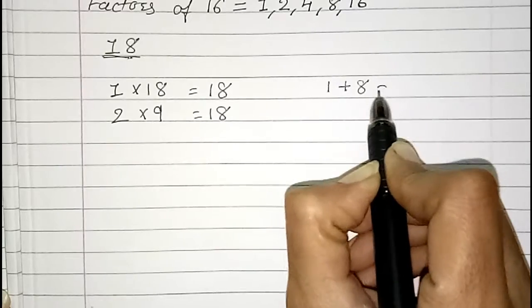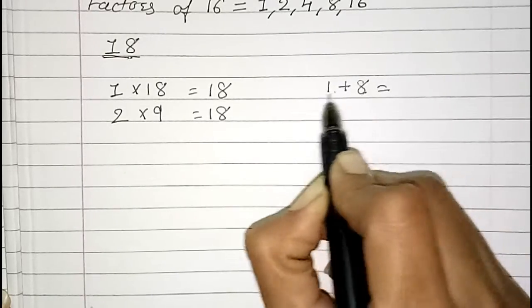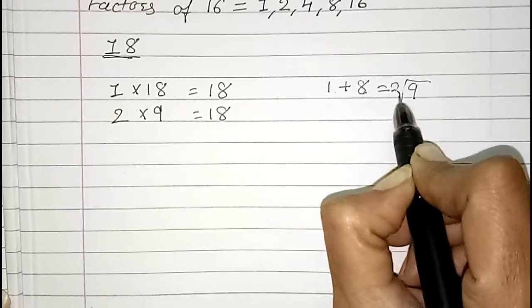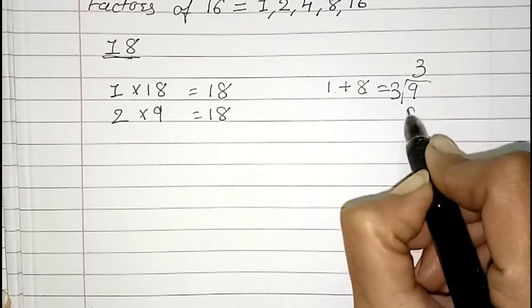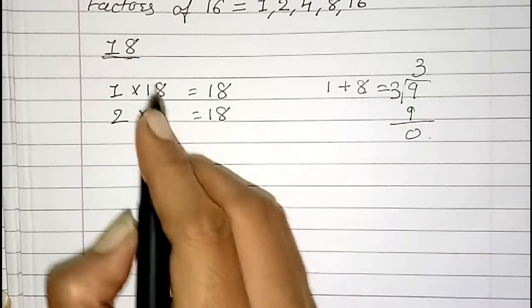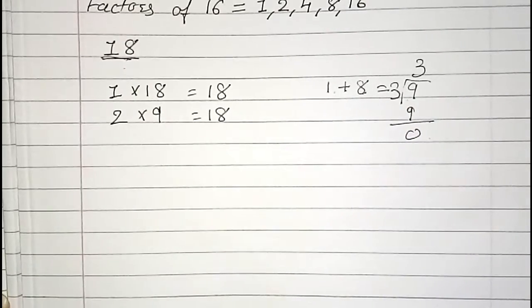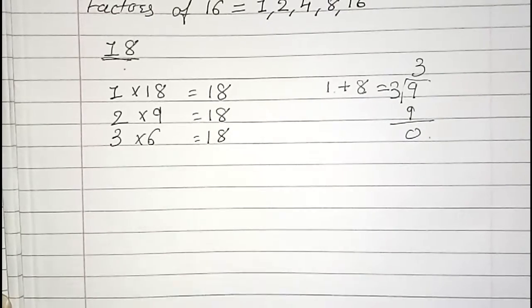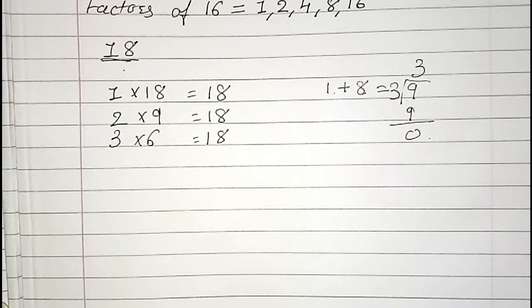Check in rough. Total sum of the given number is 9. Can the sum of the given number divide by 3 or not? Yes, 3 3s are 9 without remainder. So this number can divide by 3. 3 6s are 18. Can 4 divide 18?